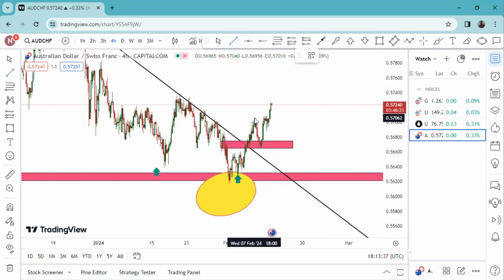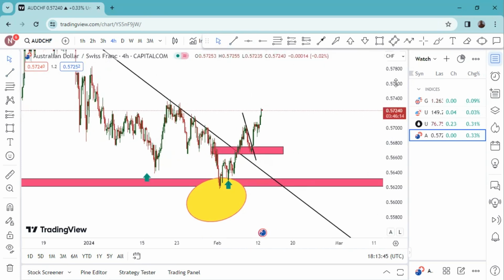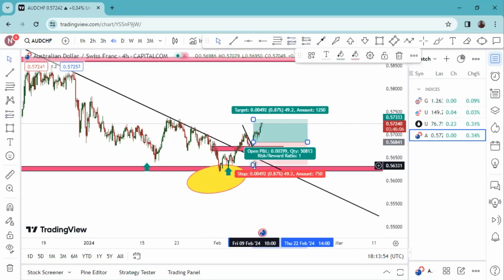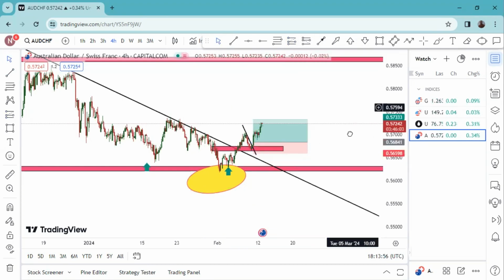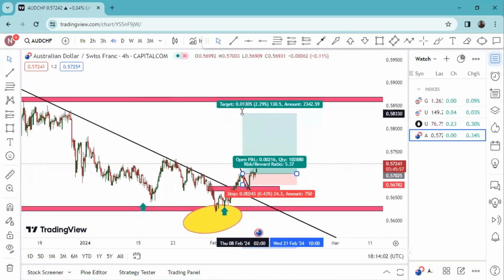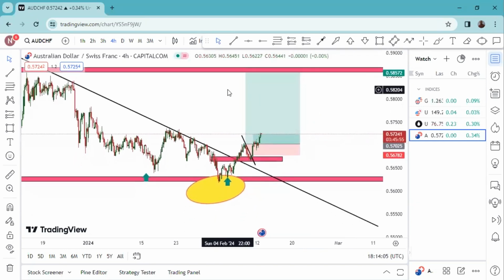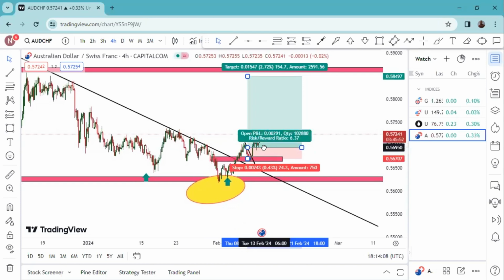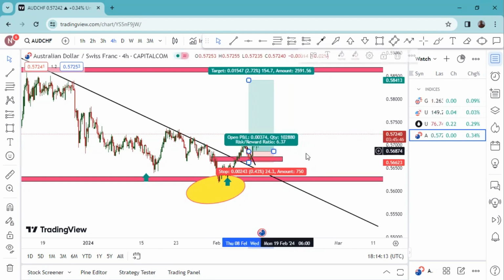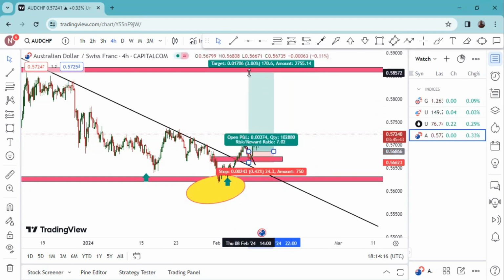I draw my counter trend line here. And I took this trade from here, when the market broke that counter trend line, downside here to here.